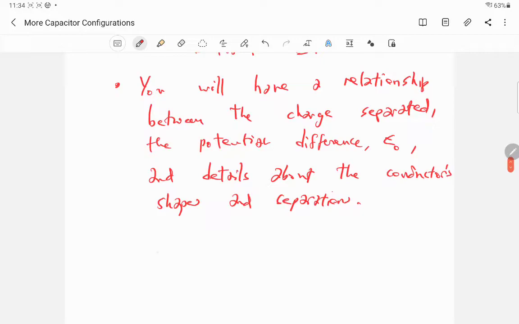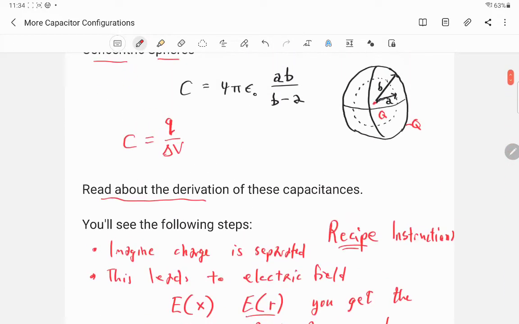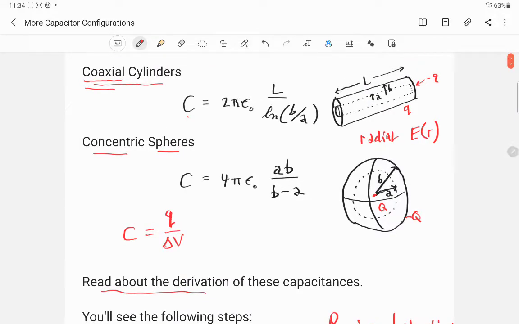And from this, you can deduce the ratio of Q over delta V, and this, you'll just call the capacitance. And that's what's going to happen if you follow through the derivations of both of these situations.